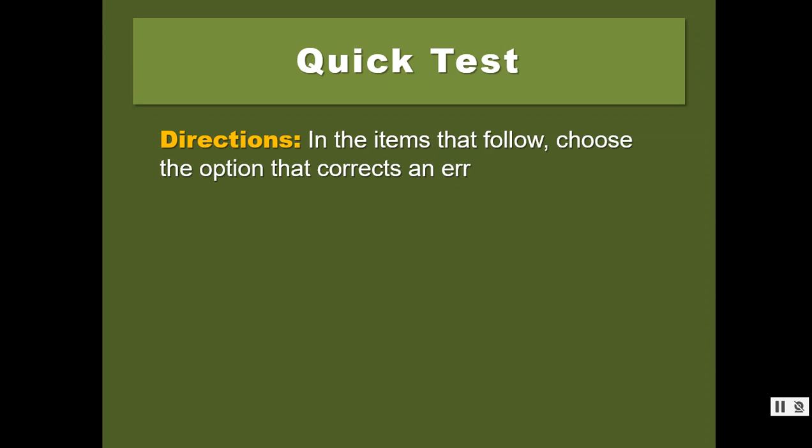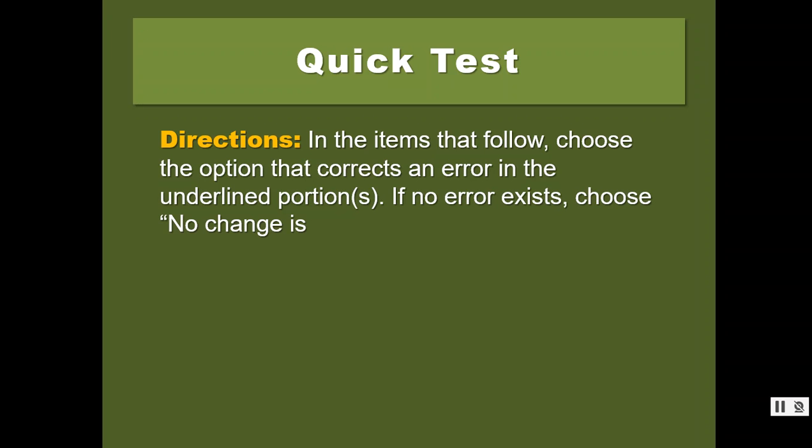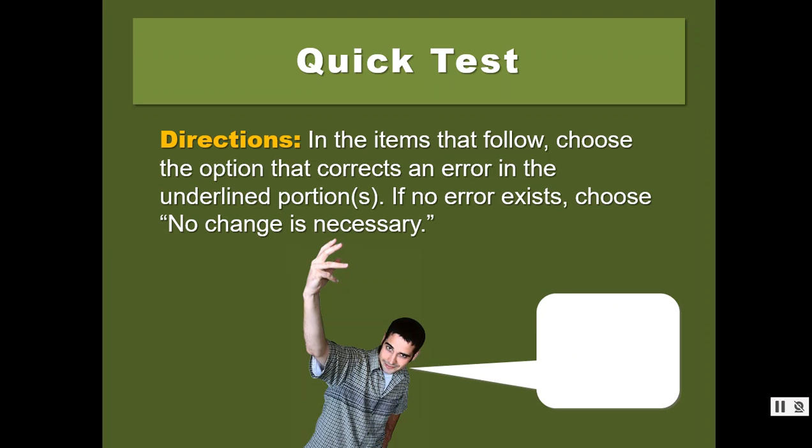So let's just go through a couple of examples and see if you can identify these. There's going to be an underlined portion or portions, and you need to choose the option that is going to correct the error. And some of them might not need to be changed.